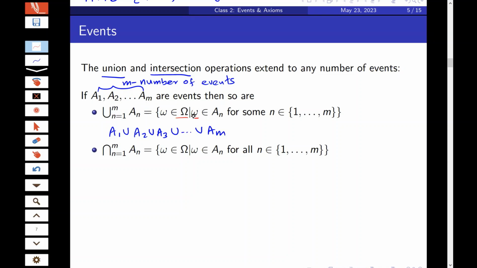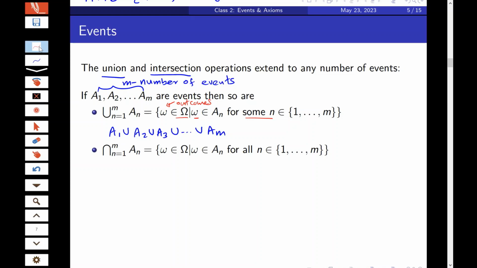That's why it says omega should be in An for some n. These are the outcomes in Omega such that the outcome is in at least one n among the M events.